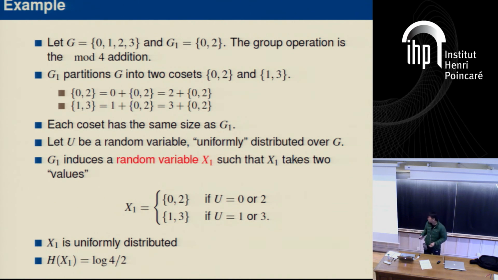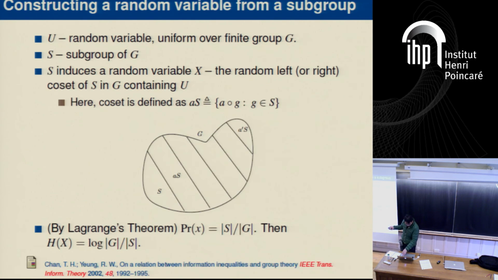Right. So maybe after all this construction, a very important key message I want to emphasize is that this X1 is actually uniformly distributed. And the reason for that is because all the cosets have the same size. So the probability that U will be in this coset is the same as the probability that U is in the other coset. It is uniformly distributed.